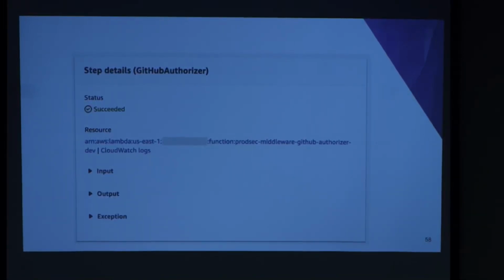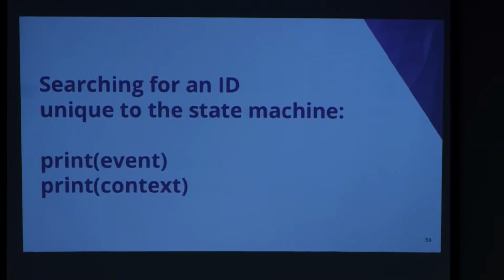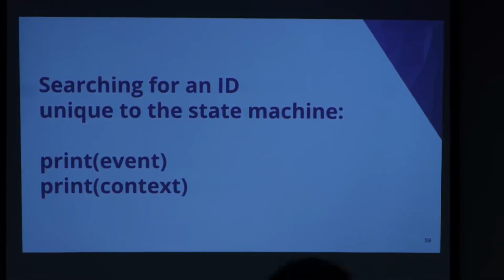So the next issue we had was, all right, I don't only want to look at that one Lambda function. I want to look at the entire step function state. So we were like, all right, AWS, we know you've provided this unique ID for that state machine.